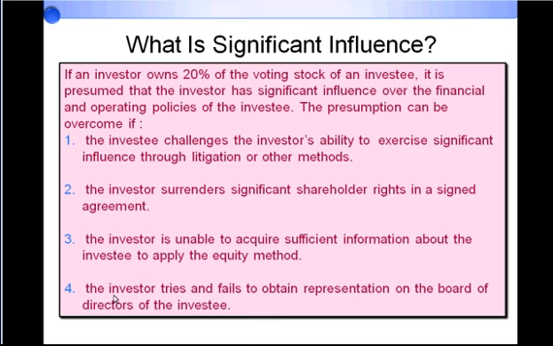And if the investor tries and fails to obtain representation on the board of directors of the investee, so if they cannot get anyone elected to represent them, then it appears that they must not have control. So that's just another way to do it.